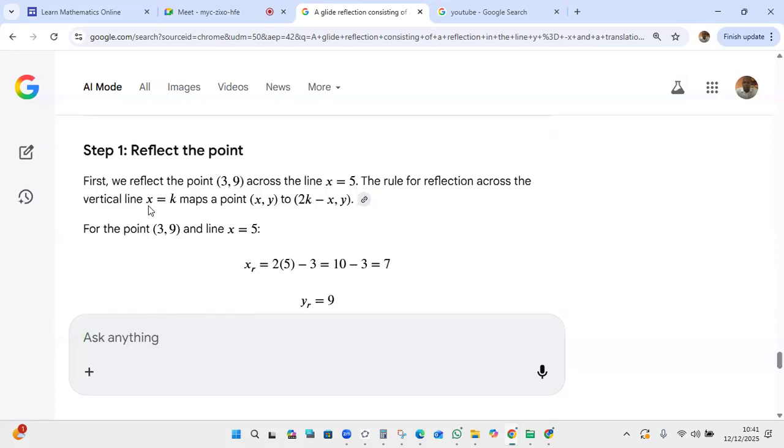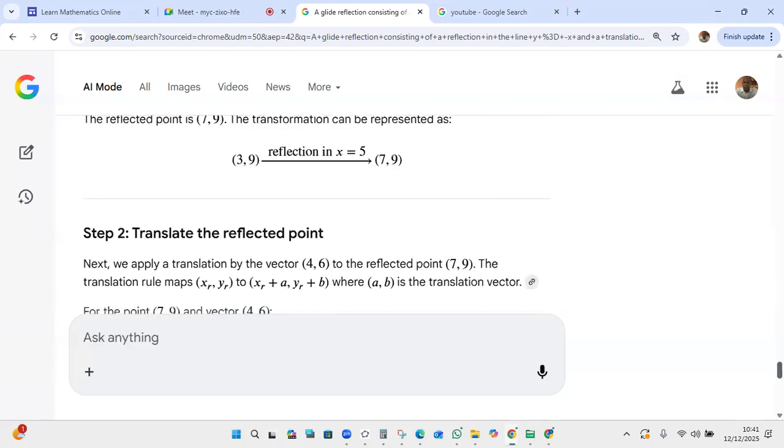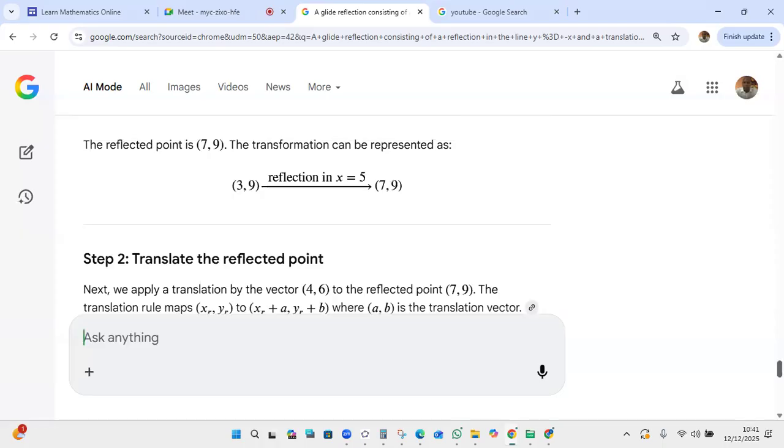So for the point 3,9 and the line x equal to 5, the new x will be 2 times 5 minus 3, which is 10 minus 3, which is 7. And the y remains the same. Okay? So the reflected point is 7,9. The transformation can be represented as 3,9 under reflection in x equal to 5 will be 7,9. The 9 remains the same, but the new x will be 7. That will be 2 times 5 minus 3, isn't that so?